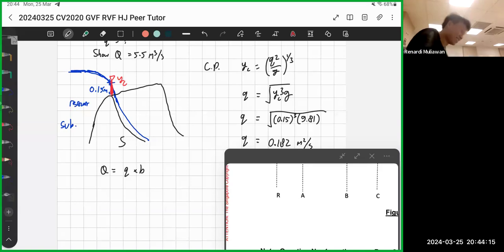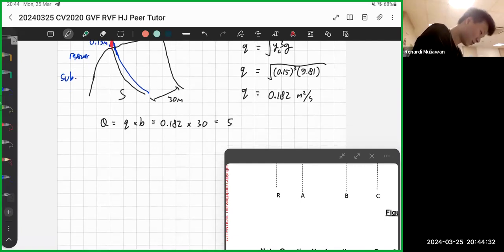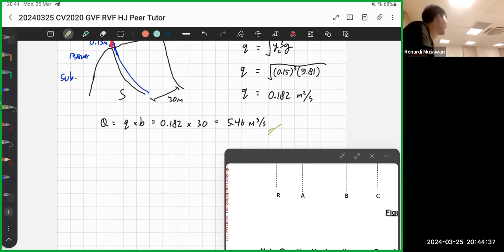Can you imagine, this width is 30 meters. So B is 30. So 0.182 times 30, you should get 5.46 meters cubed per second. That's how you get it. So this one is a concept question.